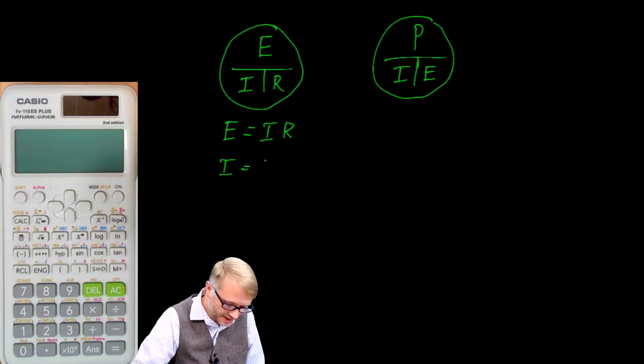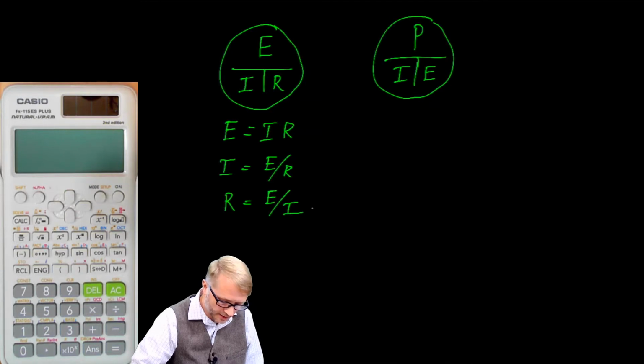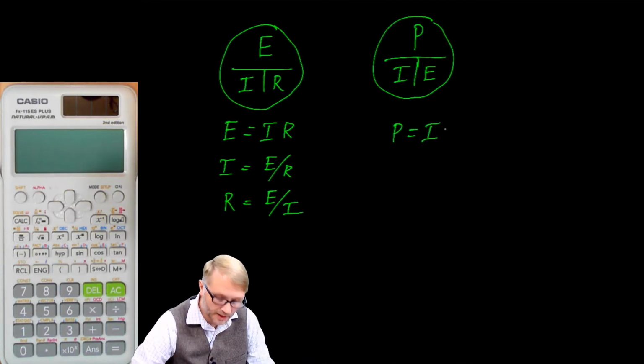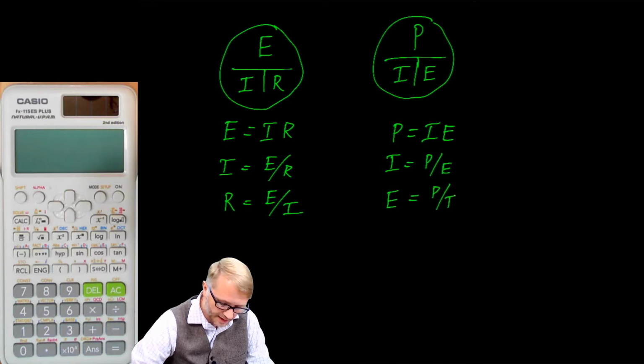Current is equal to a voltage divided by a resistance. Resistance is equal to a voltage divided by a current. And on this side, power is equal to a current by a voltage. Current is equal to power divided by voltage, and voltage is equal to power divided by current.